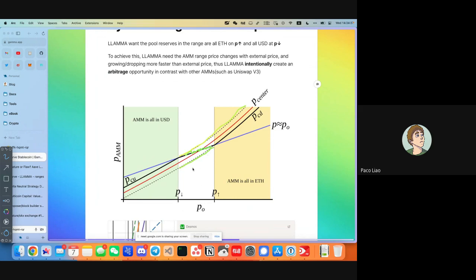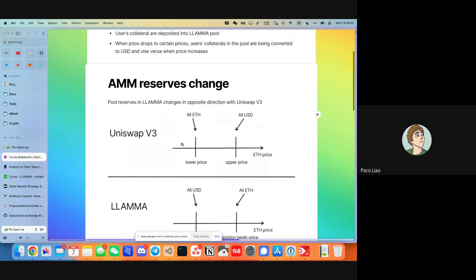And since the lower price is also growing faster, at P app the lower price will start to be equal to the external price at this point. So as Uniswap V3 showed, if the external price is lower than this lower price, all your tokens will be ETH, right?